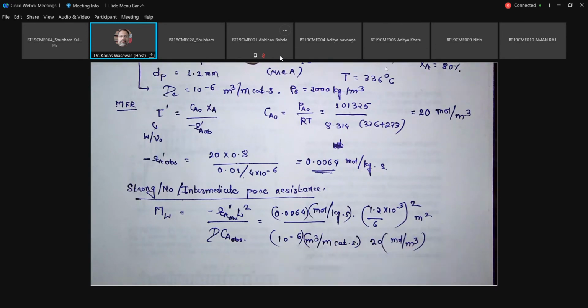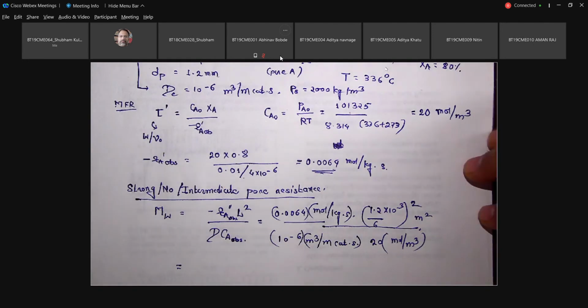Okay. Now, what will be the unit of this? If we do the calculation, what will be the unit for this? Yes, what is the value and units?